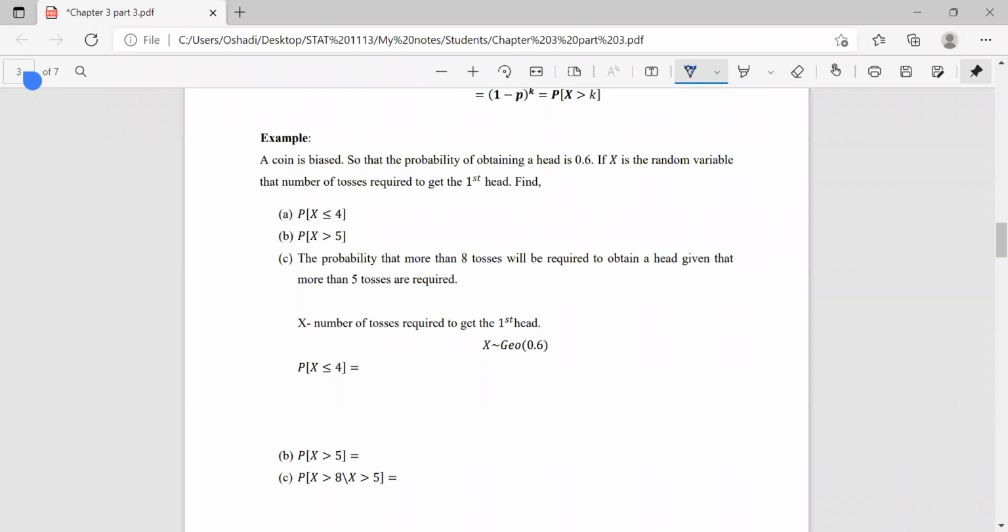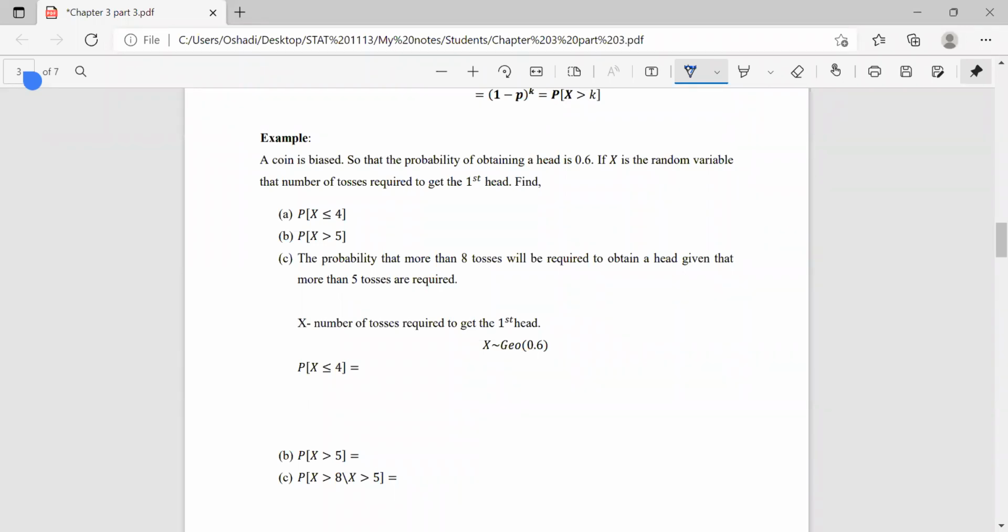The Bernoulli trials continue until the first success occurs. So it is a geometric distribution with probability of success 0.6. Now we have to find the probability x less than or equal to 4.